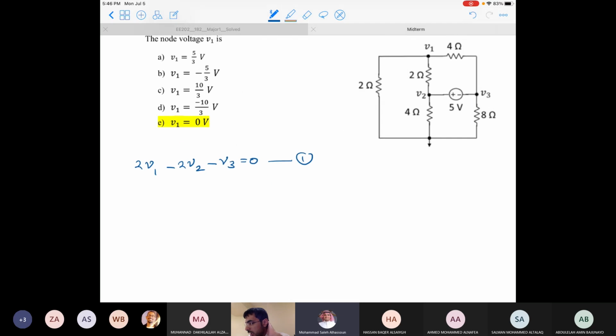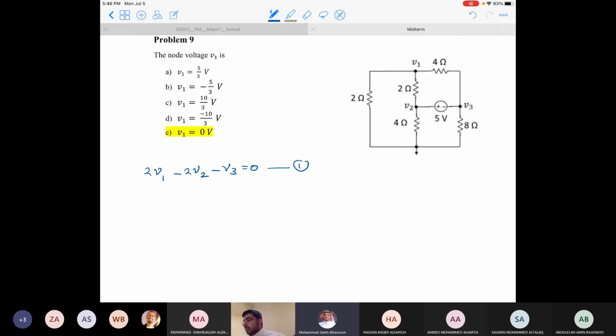Now we need two more equations. The first one is applying the node voltage here. It's going to be V1 divided by 2 plus V1 minus V2 divided by 2 plus V1 minus V3 divided by 4 equals to 0.